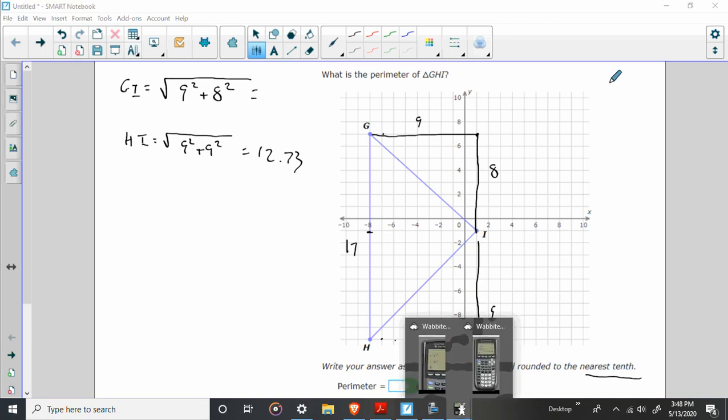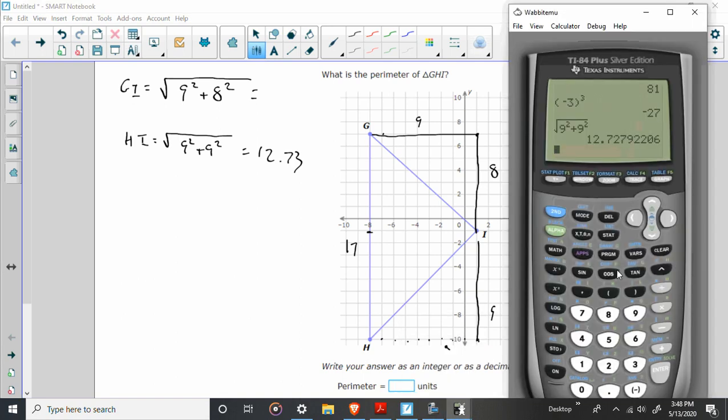But what you can also do is keep that there and say, I want to add to that the square root of 9 squared plus 8 squared. So you just keep this process going. And to that, we can add 17, and that will give me my perimeter of 41.8, we'll call it.